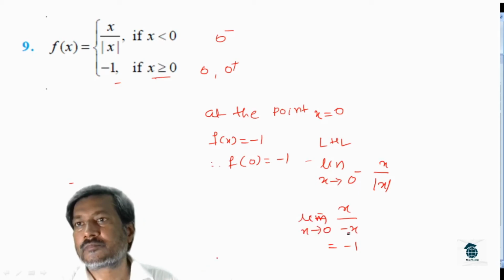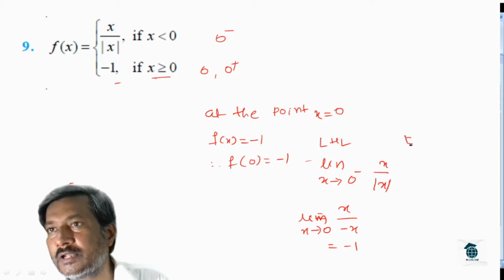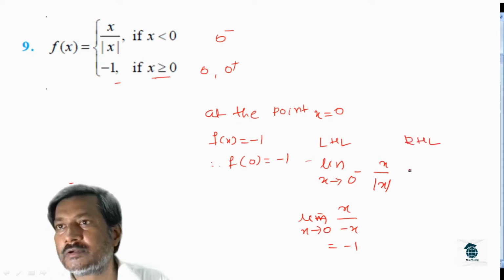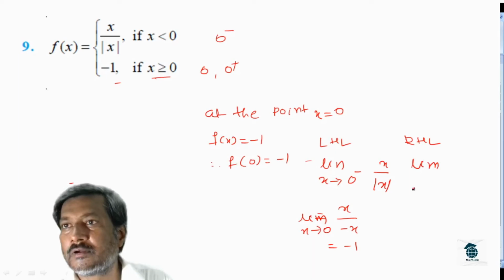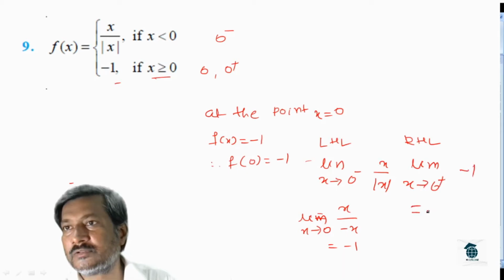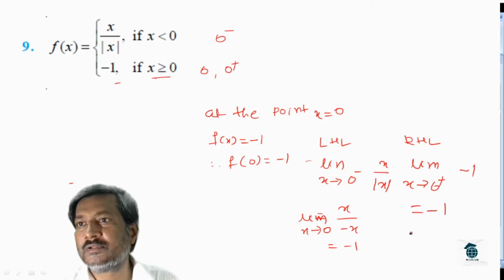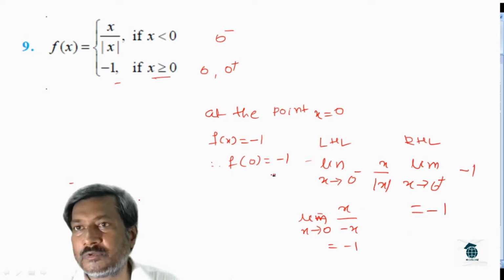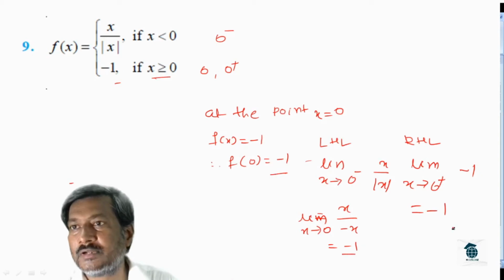And next go for RHL. Limit x tends to 0 plus. Greater than 0, its value is minus 1. So therefore this is equal to minus 1. So observe here, f(0) is minus 1, LHL is minus 1, RHL is minus 1.